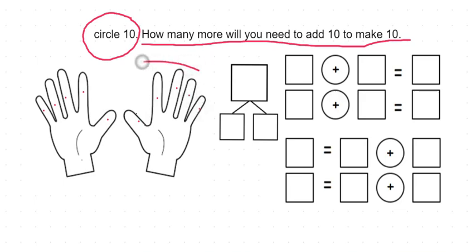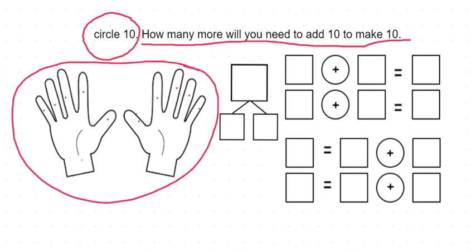So I know he has 10 fingers. How many more does 10 need to make 10? How many? You are right. 0. 10 does not need anything else to make 10 because it is already 10.